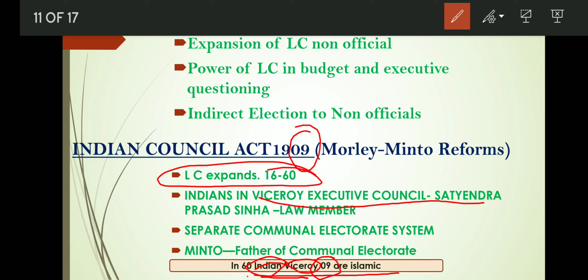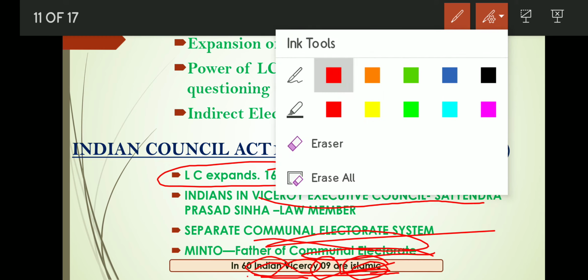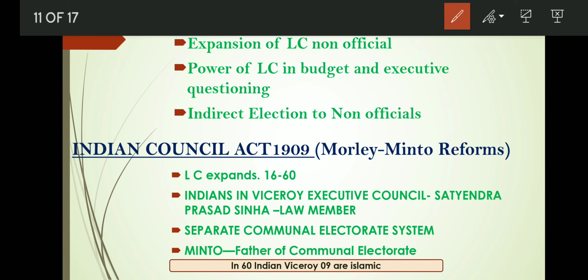Here, the name of the act, Islamic, is a Muslim community, so it is the communal electorate. So you can understand by this trick.